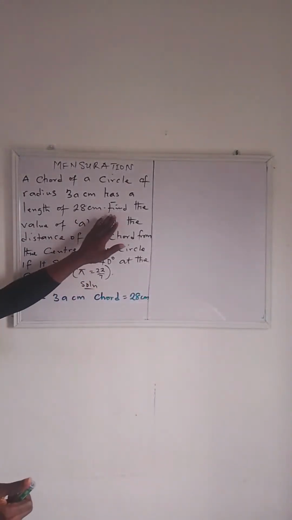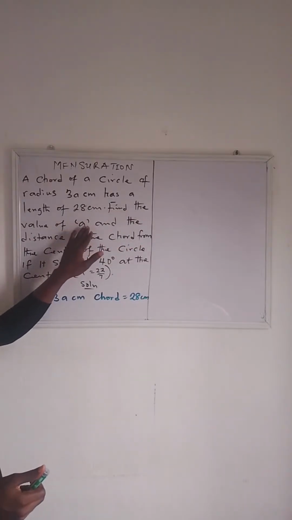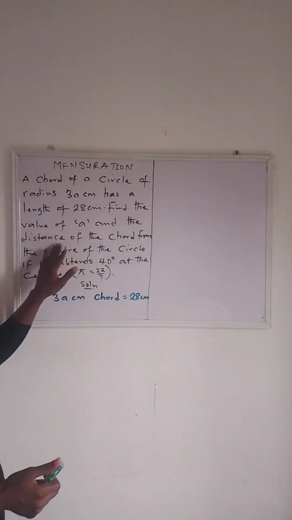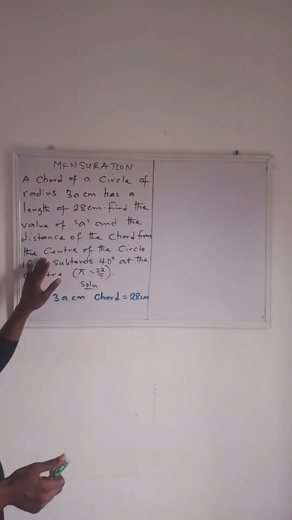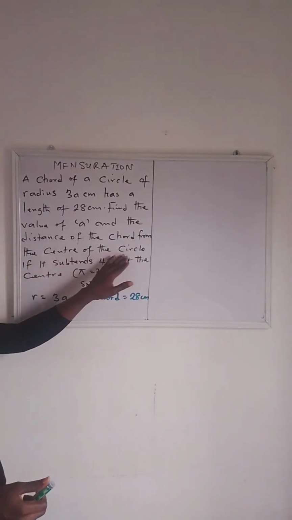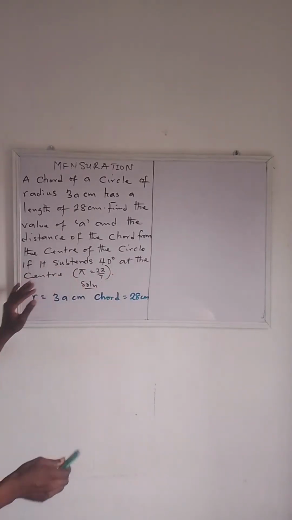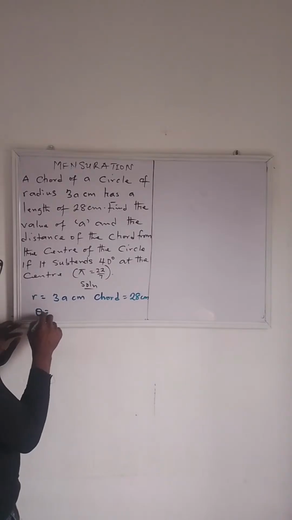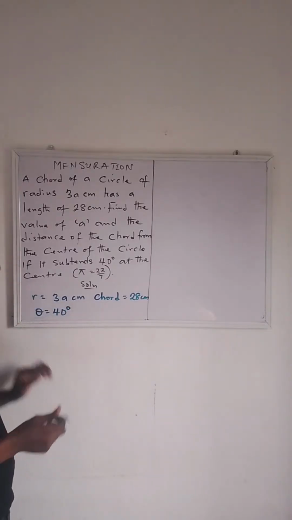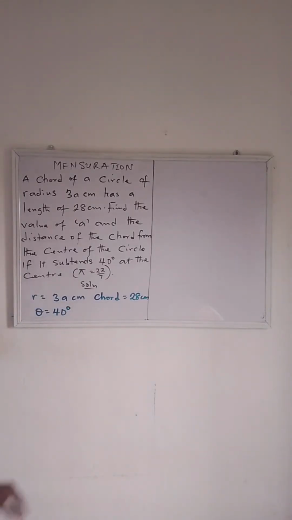Find the value of a and the distance of the chord from the center of the circle if it subtends 40 degrees at the center. So that is theta is 40 degrees. Can you see that? And pi is the same thing as 22/7.